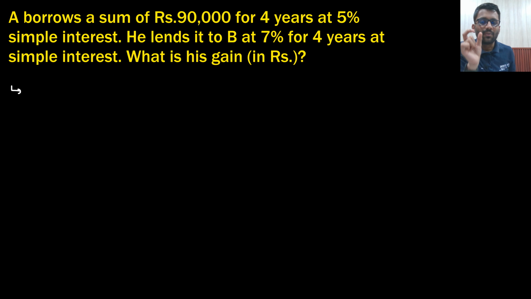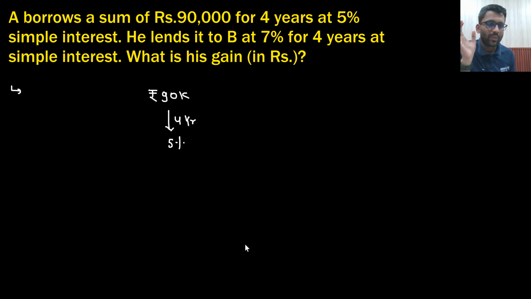A borrows a sum of rupees 90,000 for 4 years at 5% simple interest rate. And he lends it to B at 7% for 4 years at simple interest rate. What is his gain? So what he is doing? He is taking 90k rupees for 4 years at 5%.